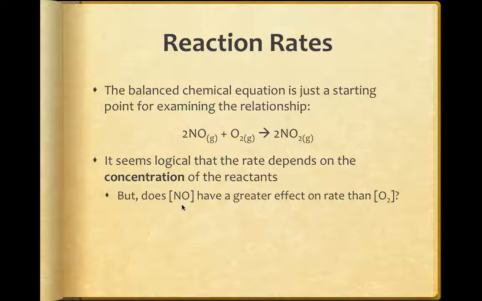So going back, our question is, does the concentration of NO have a greater effect on the rate than the concentration of O2? We cannot know that just by looking at the balanced equation. It's only experimental evidence, not theory, that can actually answer that question.